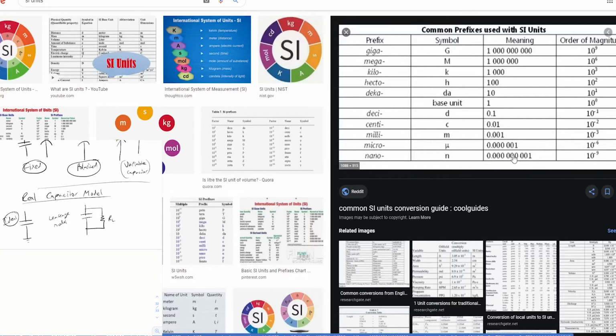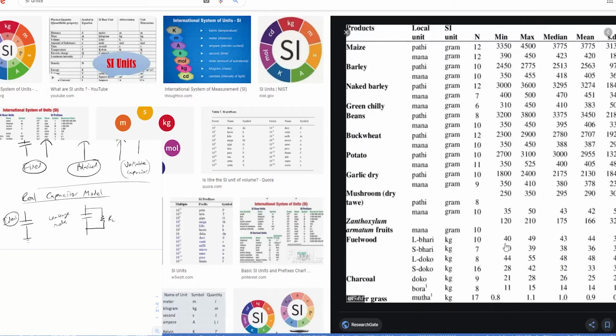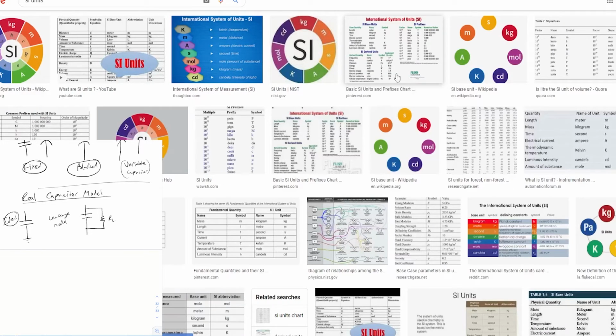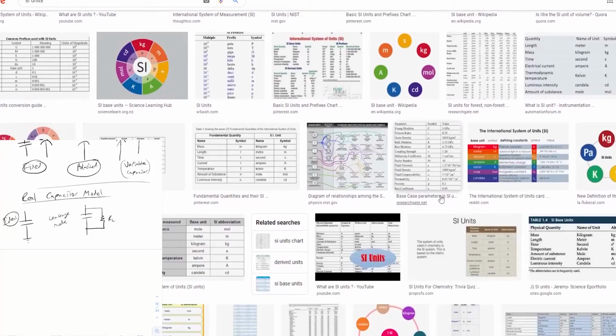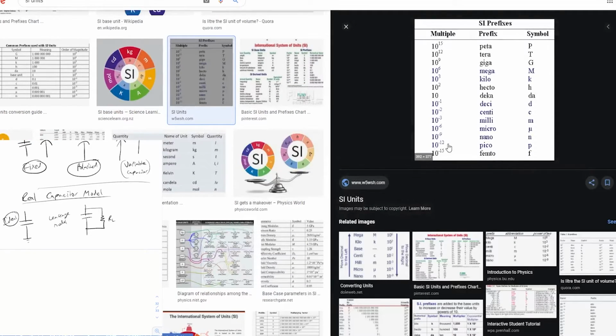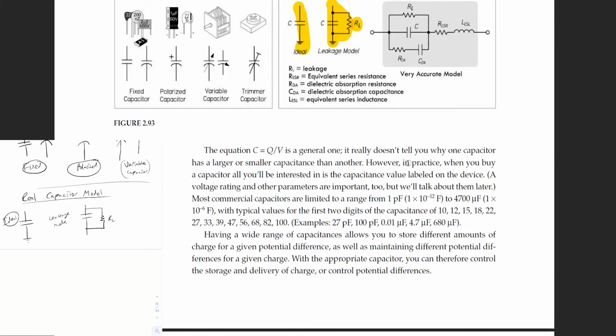Milli is 1,000, micro is a million, nano is a billion, so pico must be a trillion. Pico, there you go. 10 to the 12, so a trillion, right? 6 zeros is a million, 9 is a billion, then you got trillion. Pico is a trillion.